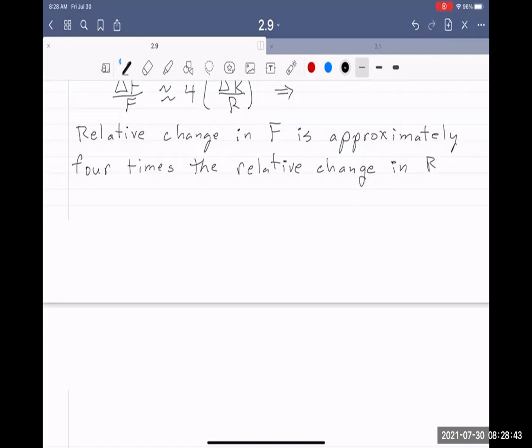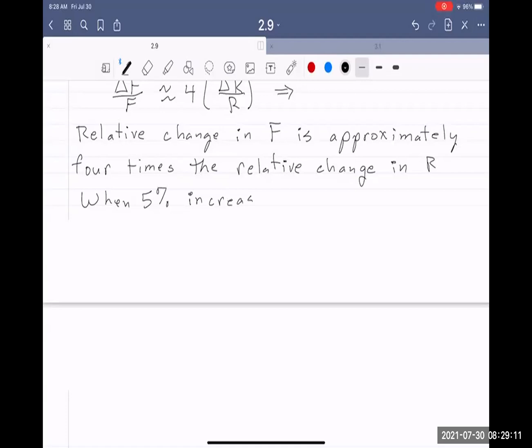Oh, and so they actually ask us, what if we do a 5% change? So when we do a 5% increase in the radius, what happens to the flow?